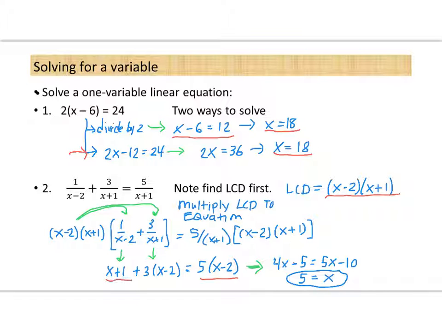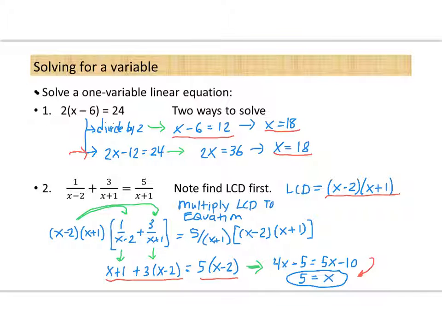So here's the equation from multiplying through by the least common denominator. And if I go through the process of combining like terms on both sides of the equation, I get 4x minus 5 is equal to 5x minus 10. And of course, I can reduce this down to 5 is equal to x.